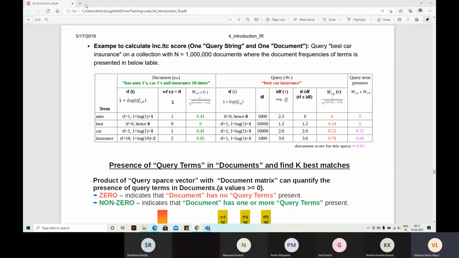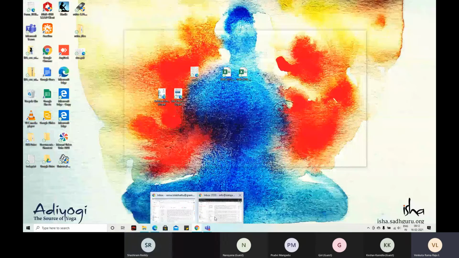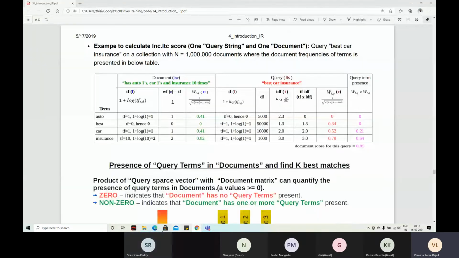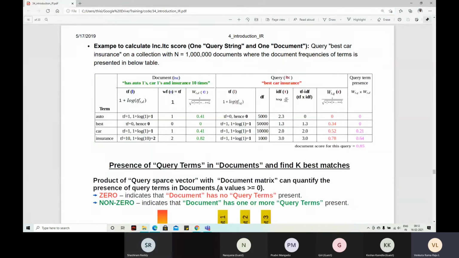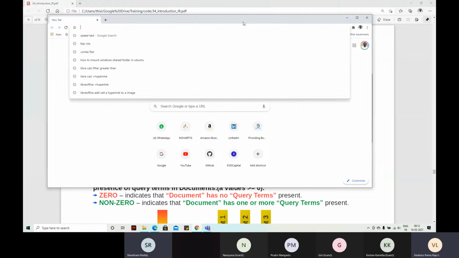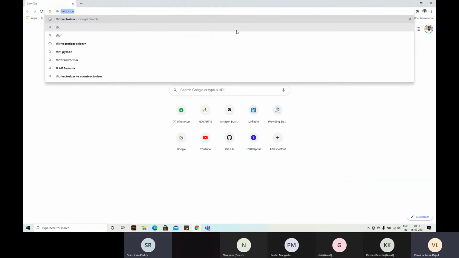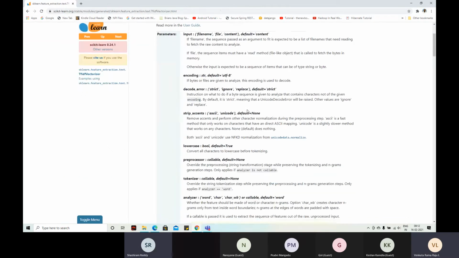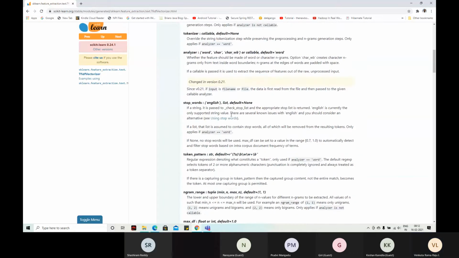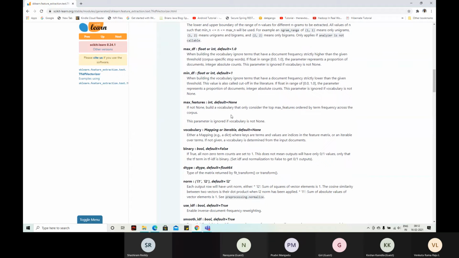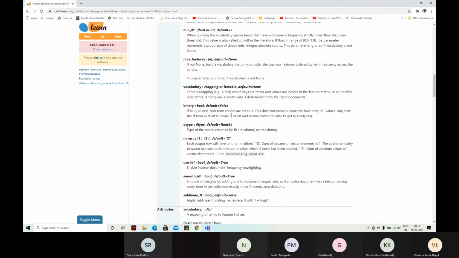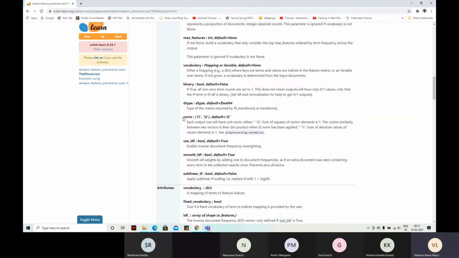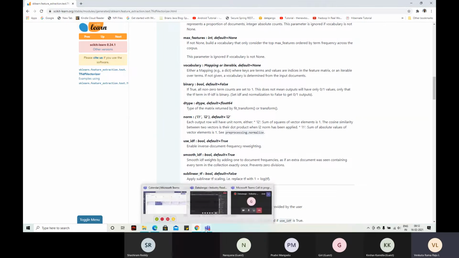So let us see in the TF-IDF vectorizer whether we have all those different mechanisms or not. Let me take another slide. Here the norm is L1 or L2.